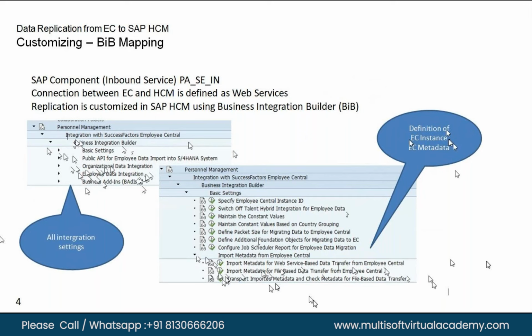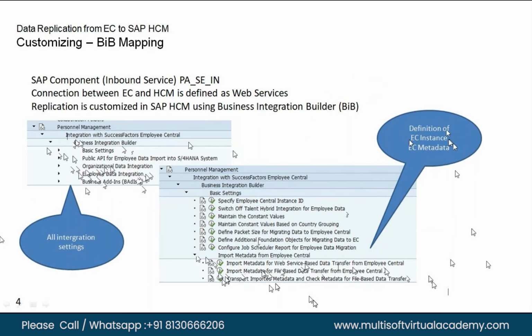Microsoft gave a provision that also sends the data from SuccessFactors to SAP, but that is not flexible. Many consultants, when I gave a training, said there are many flaws and drawbacks. It is not flexible enough like BIB.